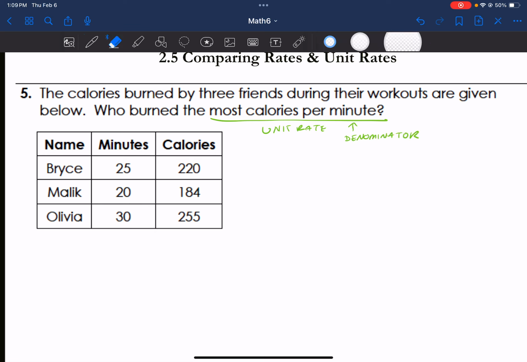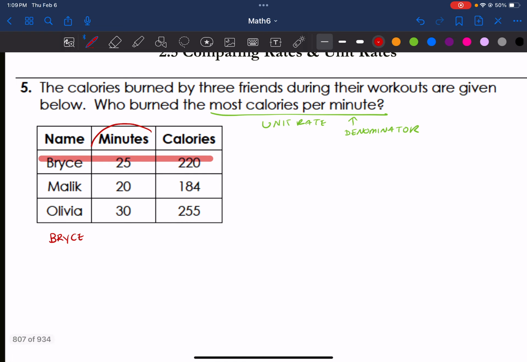So if I were to set up Bryce, I'm putting 25 in the denominator because it's minutes in the denominator as we indicated from the question. So it's 220 calories, you can write cal, all over 25 minutes or min. You want to get that down to a unit rate. So go ahead and find how many calories per minute.